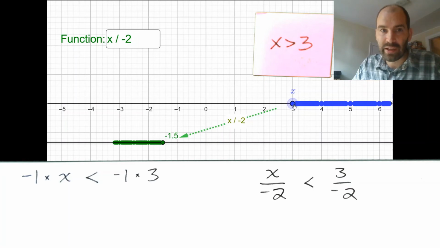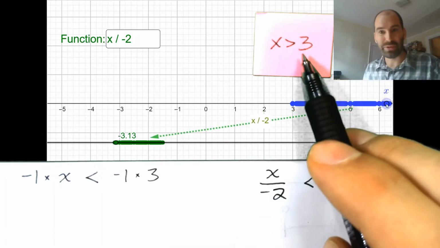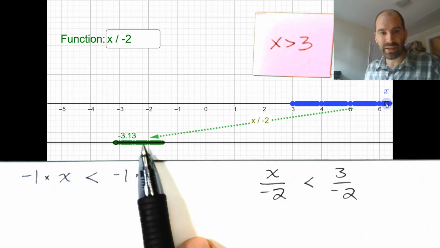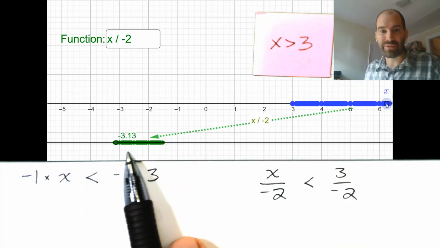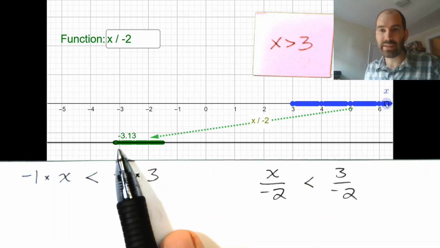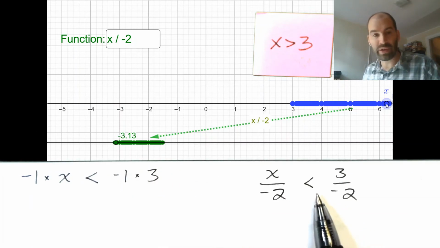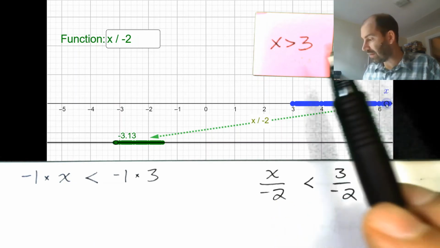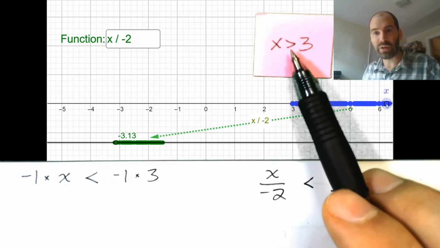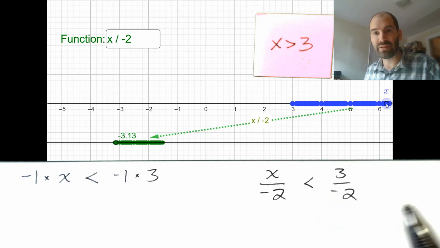And as I move x to the right of 3, which is what my original inequality was telling me to do, this value goes to the left. And so it's less than negative 3 halves. And so again, I see that when I divide by a negative number, I have to change the inequality symbol to its opposite. Okay?